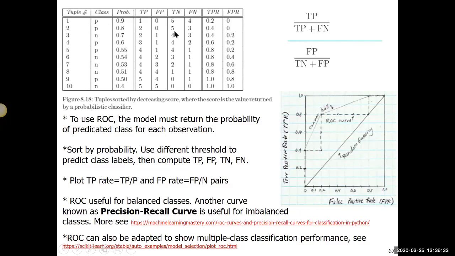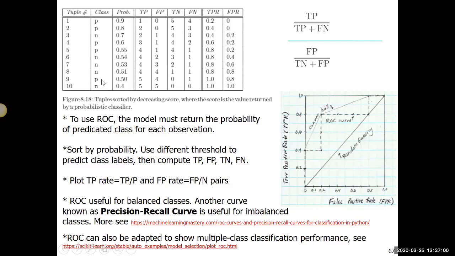Starting from row 3 down, we predicted them all to be negative. Among those, 5 were negative, so we have a true negative of 5, and then a false negative of 3, because this one is a false negative, this one is a false negative, this one is a false negative.